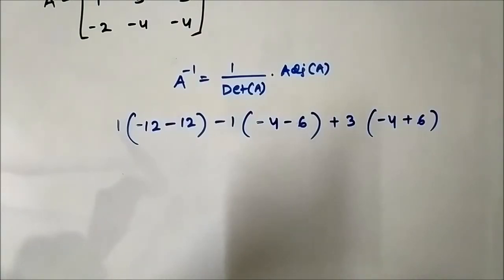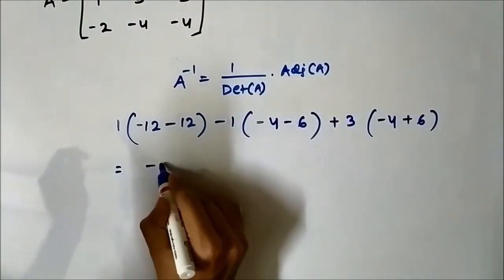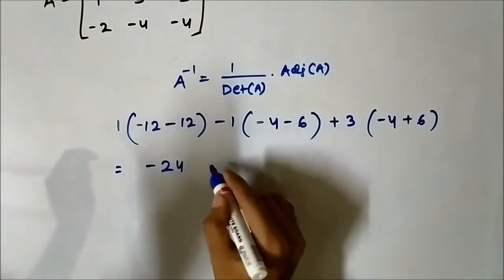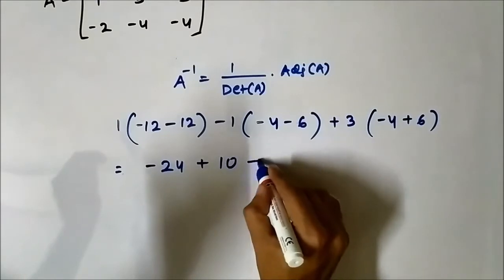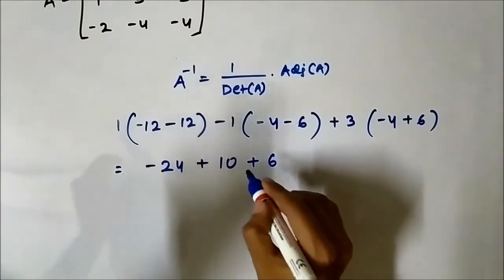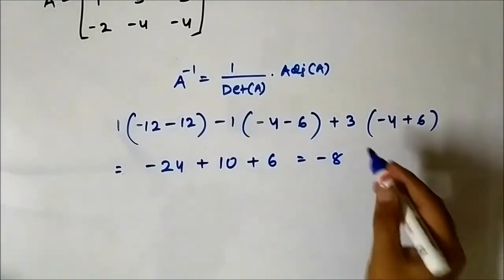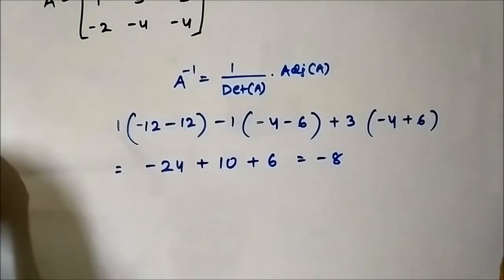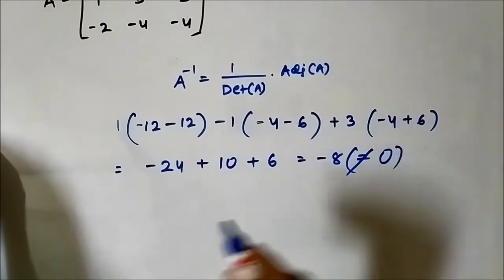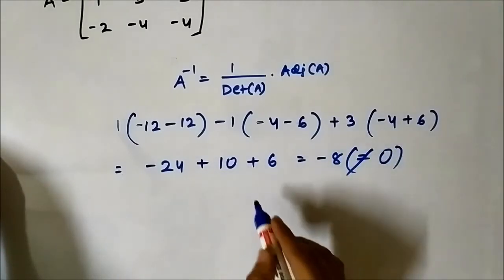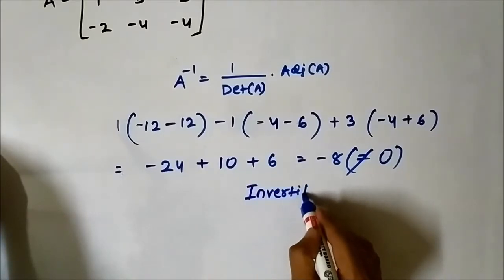So the determinant is minus 24 plus 10 plus 6. So it is minus 8. The determinant is minus 8, which is of course not equal to 0. So it is a non-singular matrix, and as the determinant is not equal to 0, this matrix is invertible.